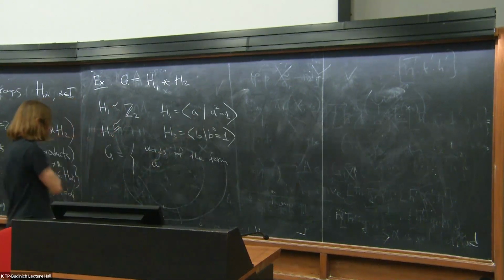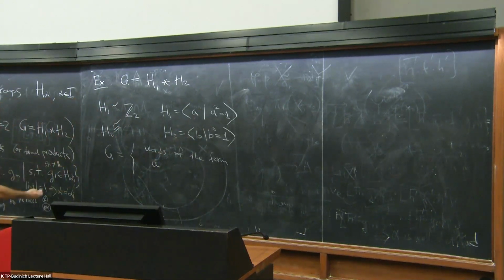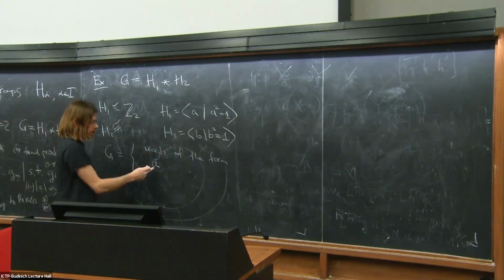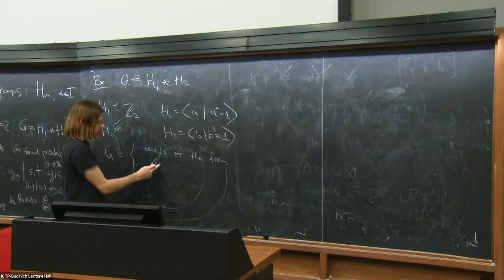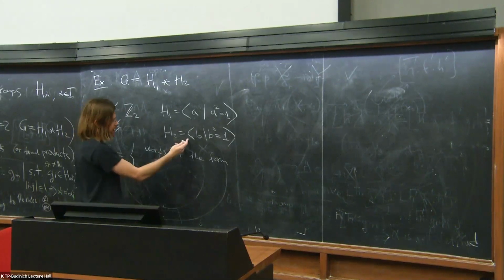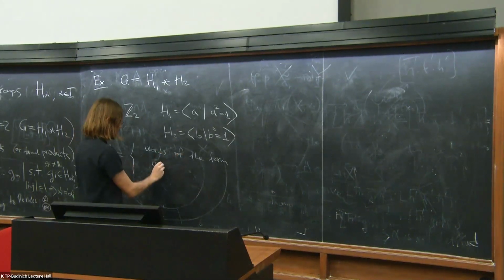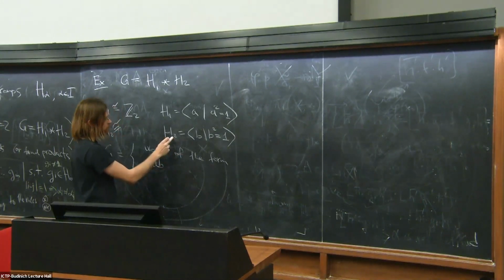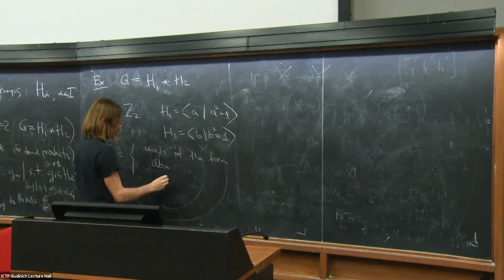For a reduced word, you're not allowed to insert identities, but you can start with A, right? And then the next element, since the word is reduced, should be an element in H2, and the only non-trivial element in H2 is B. Then the next element should not be in H2, but in H1, because it's reduced.